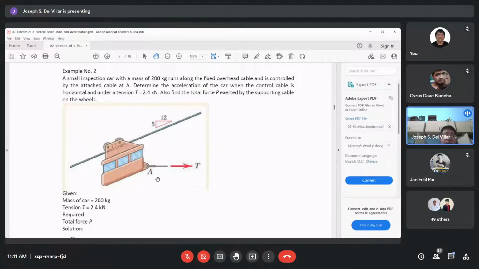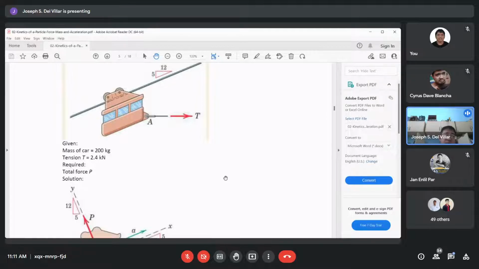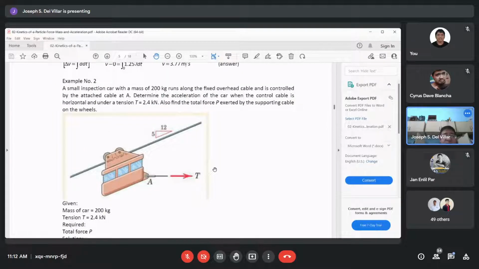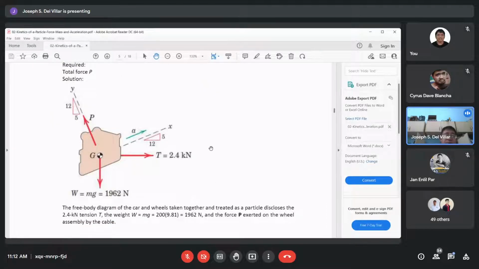So where is the car moving? Of course the cable, that is where the car goes. Is it upward? It was not stated, but the tension is towards the right. So most probably the acceleration is upward to the right, a little bit upward because of the slope.